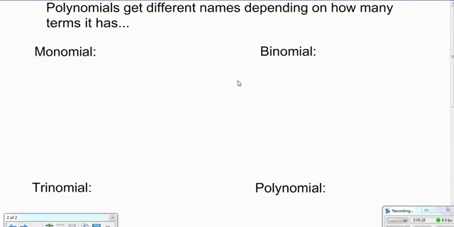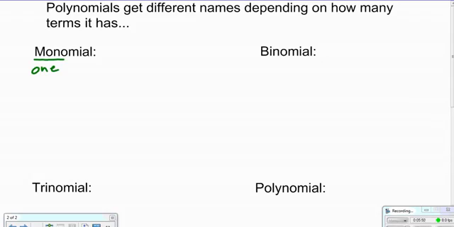Okay, so they get different names depending on how many terms they have. Monomial, I want you to think of like a monocycle, or I guess it's called a unicycle. Or like a unibrow, or monotone, those kind of words. So mono means 1.